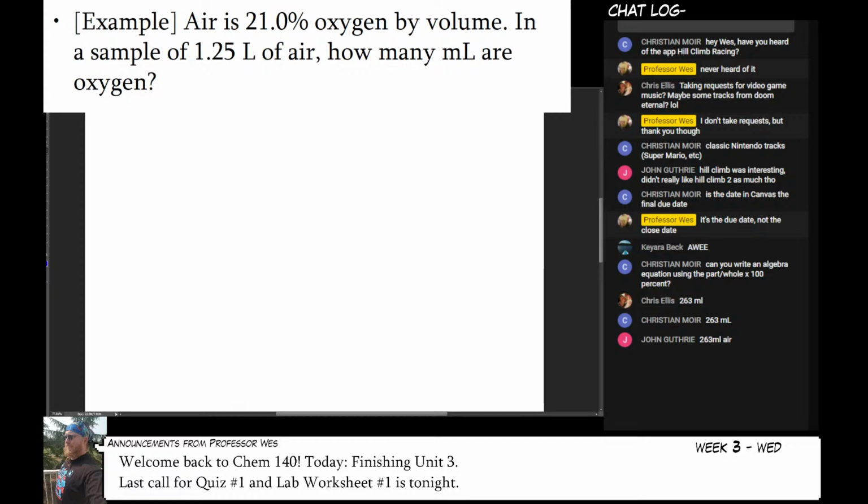How many milliliters are oxygen? So we could say if I had 100 liters of air, we'll write that just to have 3 sig figs, 21.0 of those liters would be oxygen.